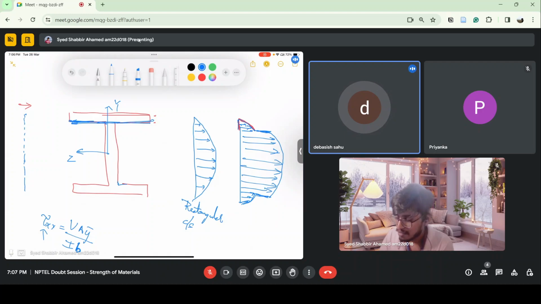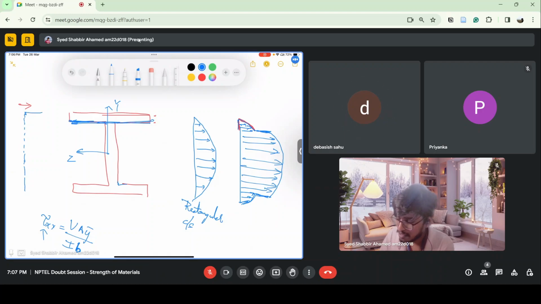Linear, sir. Okay, so I'm going from the top of the flange to the bottom of this flange. Till here it is linear. Is there any jump or any discontinuity, or is it continuous?